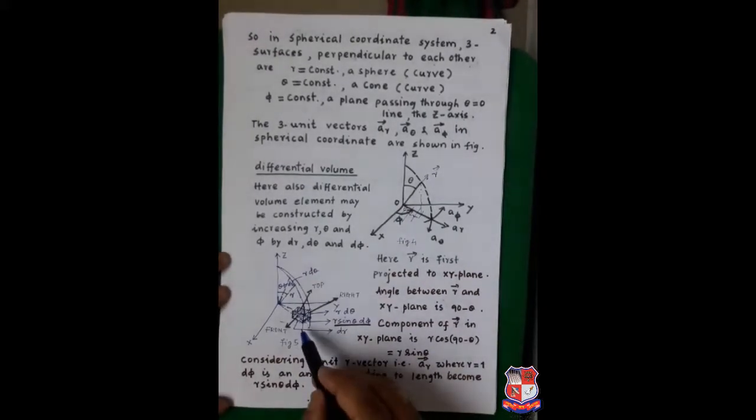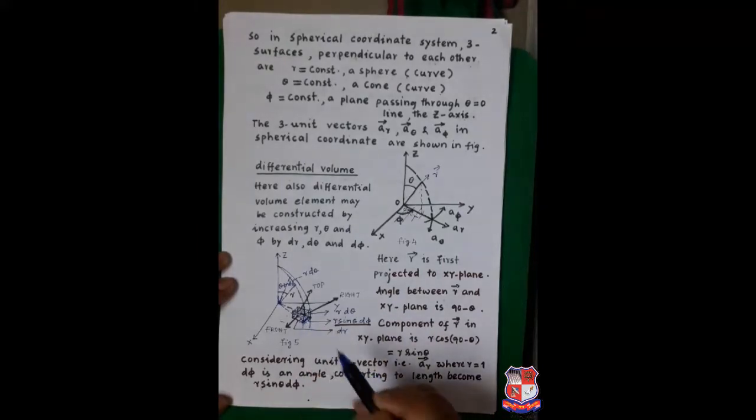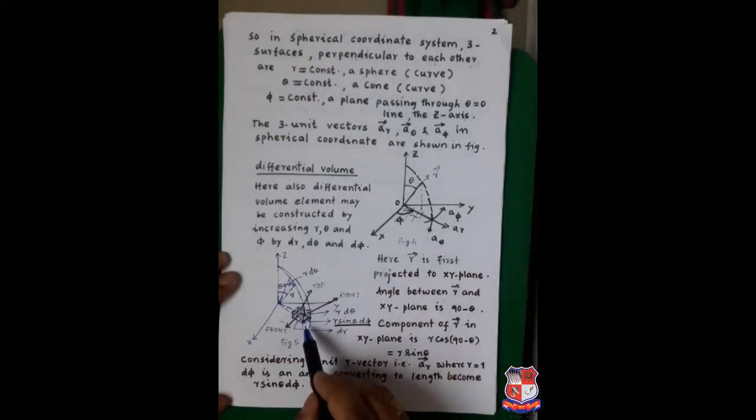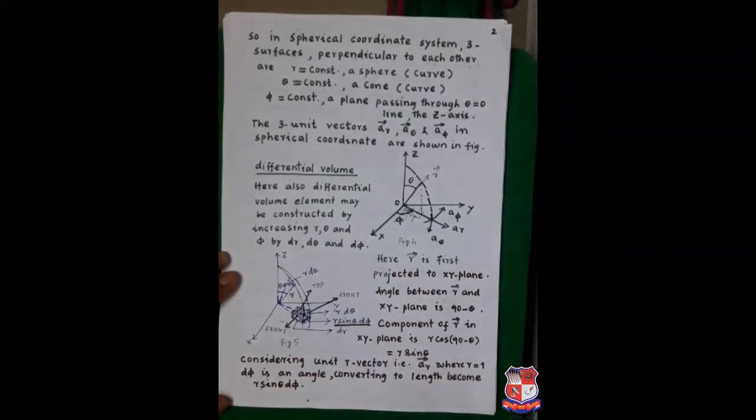Now coming to the lengths: r is increased by dr, but when you are increasing theta by d theta and phi by d phi, theta and phi are in angle units. So we cannot multiply to find the volume or area. We cannot multiply length units into angle units. So we have to convert the angle units into length units.